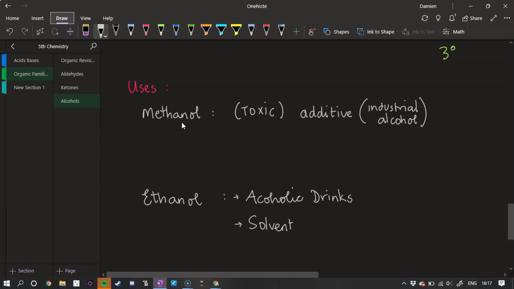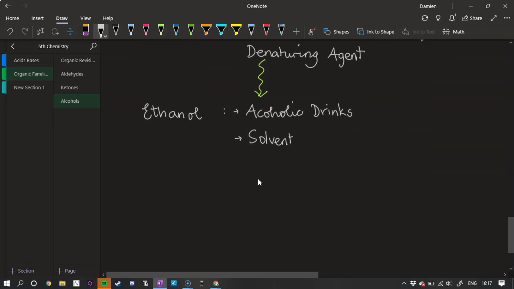So what they do is they add a small little bit of methanol into the ethanol. By putting the methanol in the ethanol, it makes the ethanol undrinkable because it will poison you. And because of this, this is what's called a denaturing agent. And that makes the ethanol undrinkable.